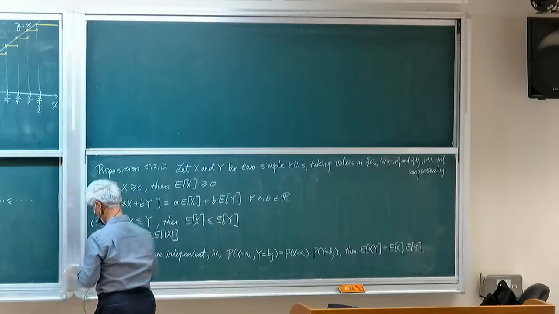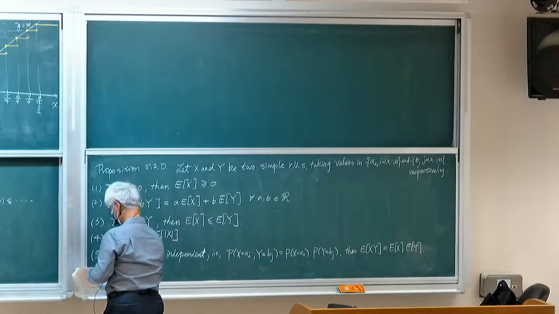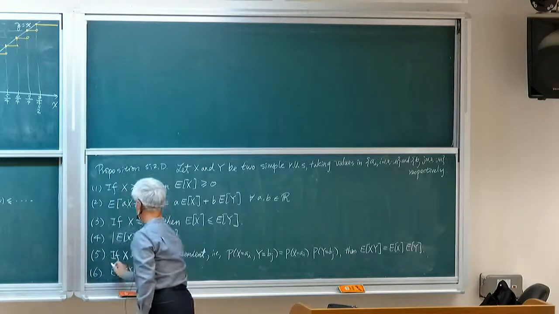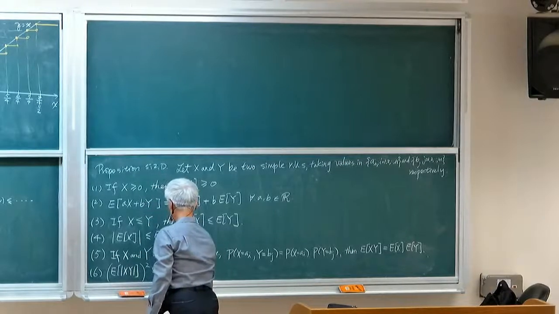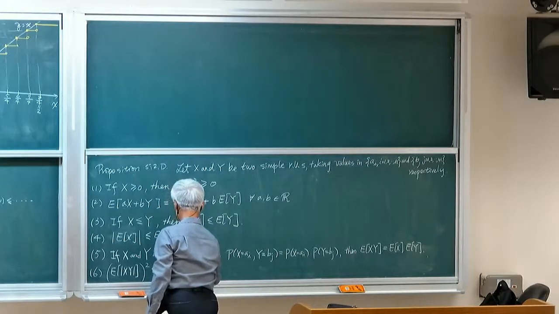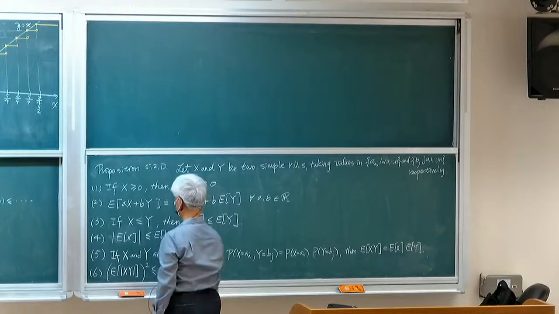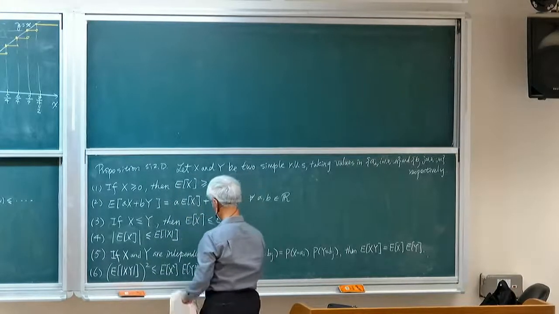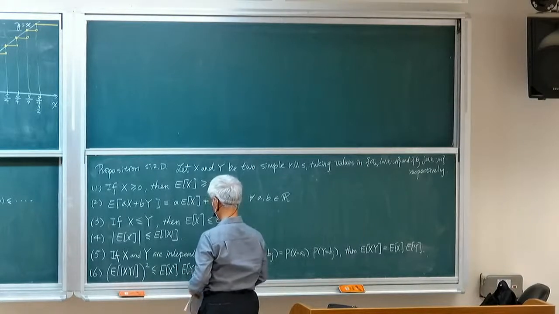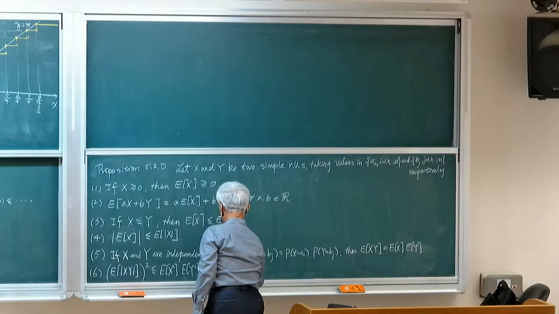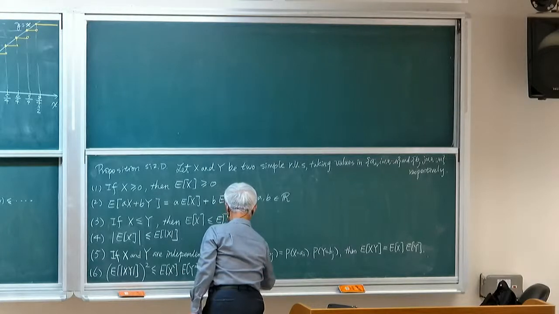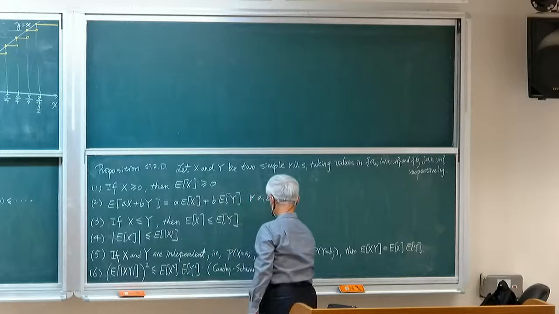And the last one: the expectation of the absolute value of their product, squared, is less than or equal to the expectation of X squared times the expectation of Y squared, which is called the Cauchy-Schwarz inequality.